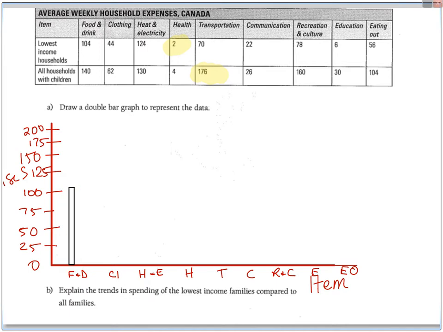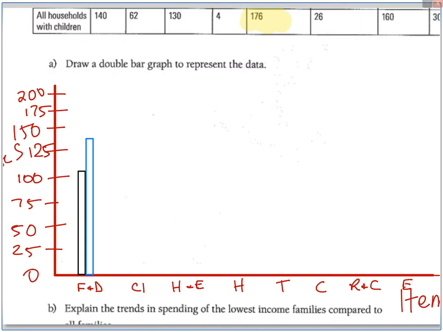Now I'm going to change color and do the all households with children. This one goes to 140. So just past 125. And what I'm trying to accomplish here is the same width for each bar centered around this category F and D. So I kind of missed.